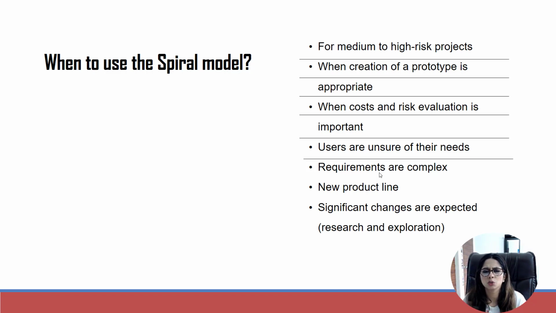When there is a new product line, like in the waterfall, we discussed that you should work on matured products, that okay, something is already there, you're actually creating new versions of the software. But here, when everything is completely new, you should use this model, because you can start from scratch in this model. When you know no significant changes will happen, so you're already aware that yes, changes might happen, then you cannot choose waterfall or V, so you should choose this model.